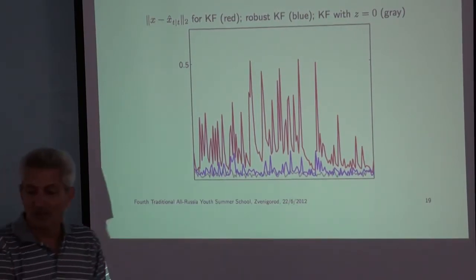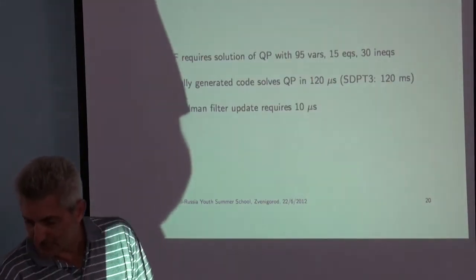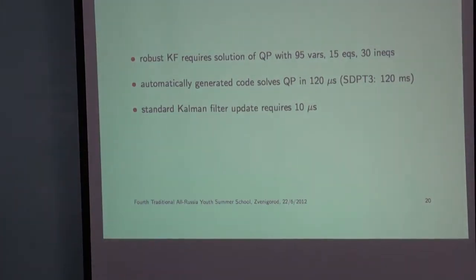Okay? Now, the big difference is, of course, you have to solve a quadratic program every step. So here, you have to solve a quadratic program with about 100 variables and various things. And in this case, automatically generated code, that's actually out of date. It doesn't matter. So if you run this in CVX, you get 120 milliseconds. That's per step, right?